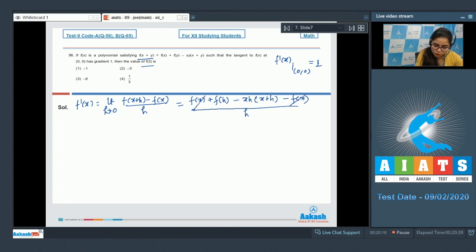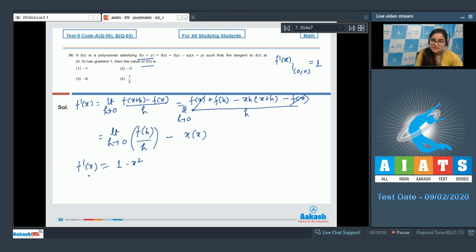So see, f of x is going to be cancelled here. Limit h tending to 0 of f of h by h minus x. So this is f dash of x at (0, 0). This is 1 minus x square. So you are getting f dash of x is equal to 1 minus x square.